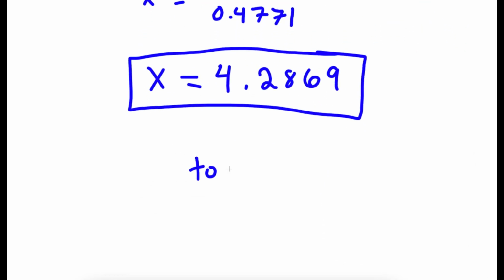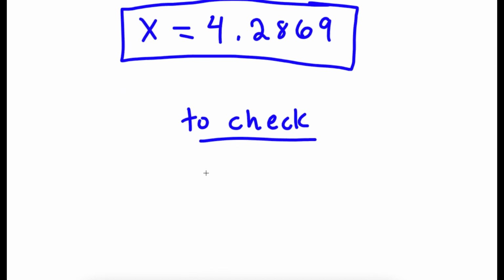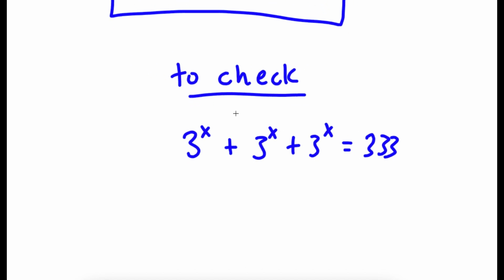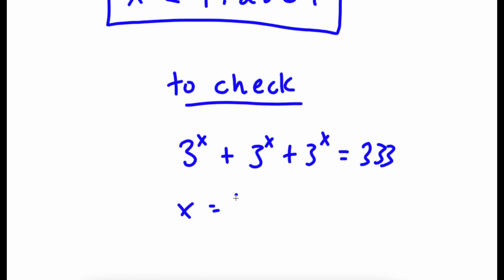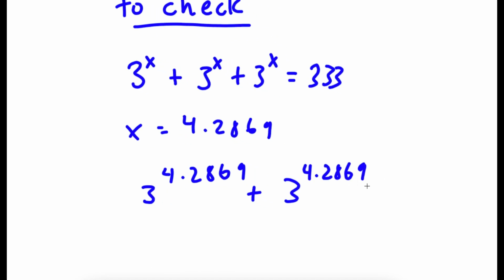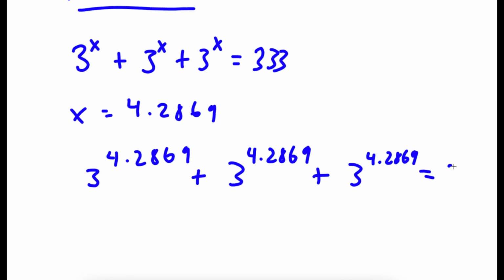Now to check, I have 3 to the power of x plus 3 to the power of x plus 3 to the power of x is equal to 333. x is equal to 4.2869, so I have 3 to the power of 4.2869 plus 3 to the power of 4.2869 plus 3 to the power of 4.2869 is equal to 333.